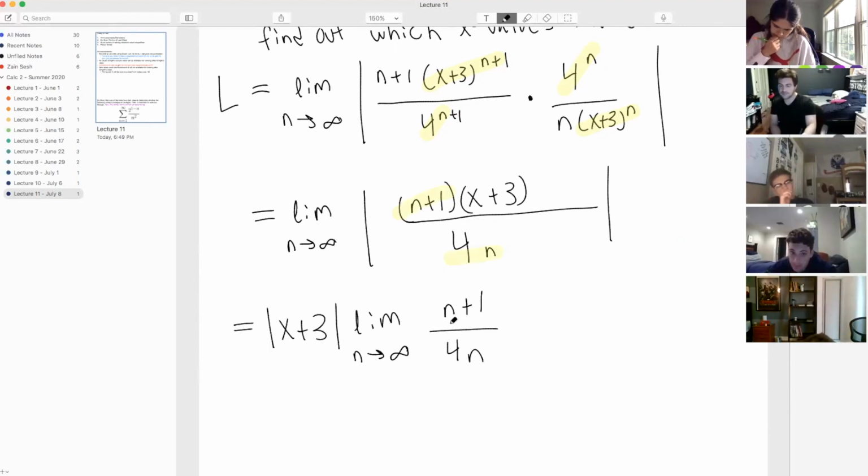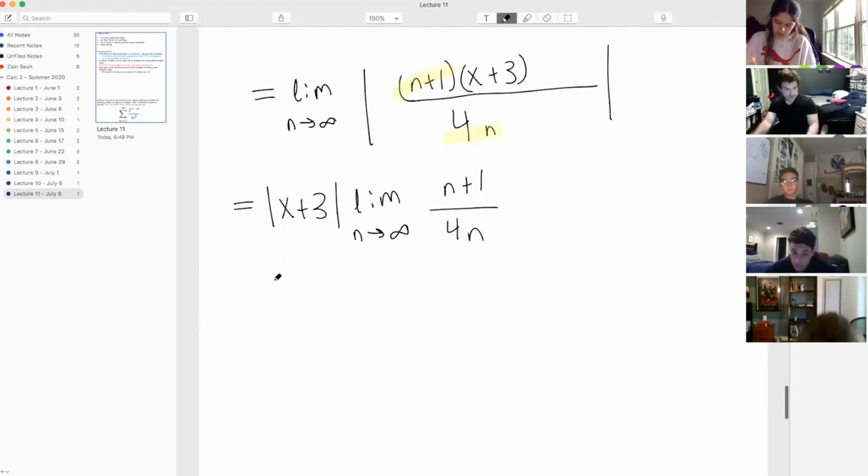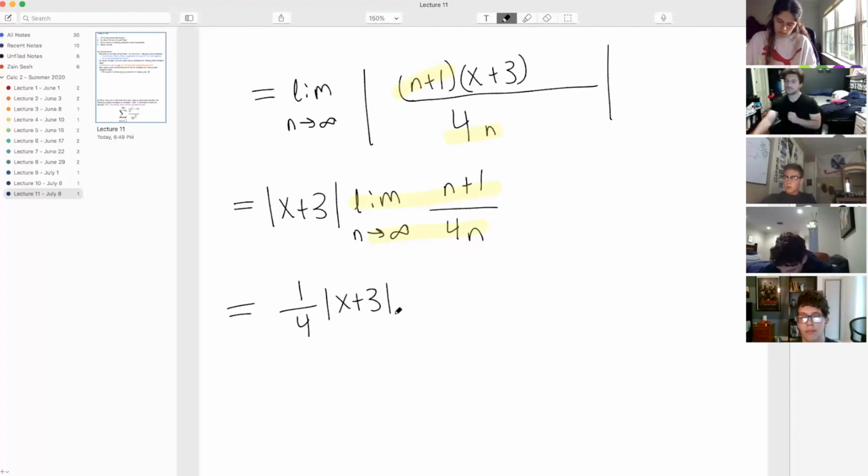Great. So this limit here just comes out to 1 over 4. You could use L'Hopital's, or you could just take the ratio of the leading coefficients. So this is 1/4 multiplied by the absolute value of x plus 3. Excellent.